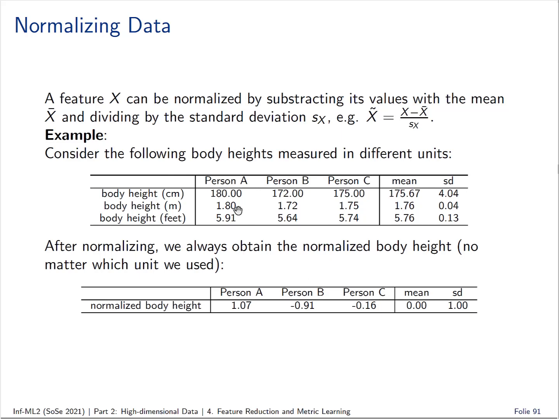You can just compute that with your calculator or whatever. So you get the normalized values, and the mean now will be 0, and the standard deviation of all these three will be 1. So that is the usual way statisticians do the normalization, and I can just recommend doing that.